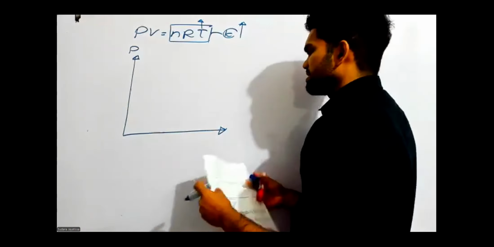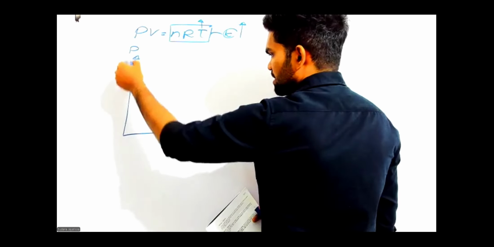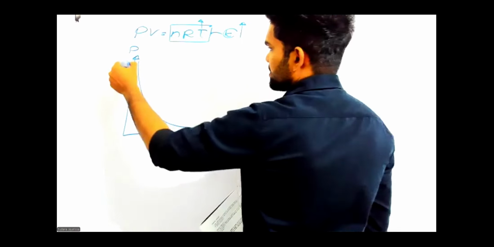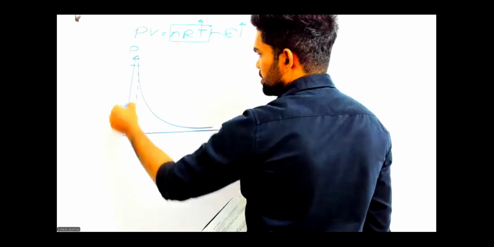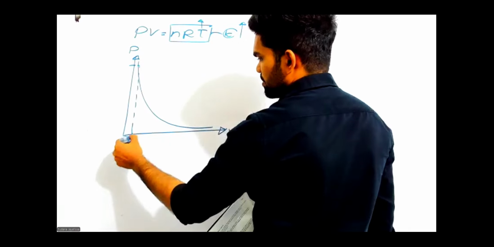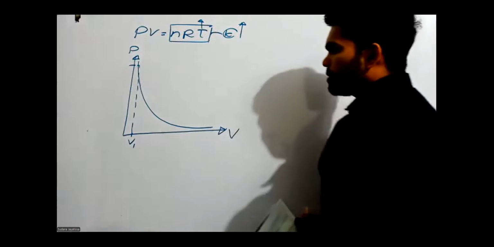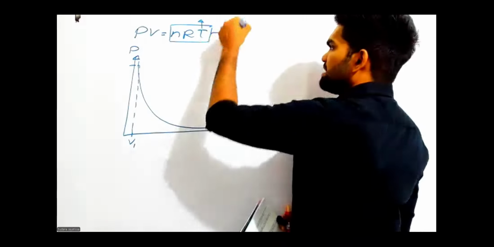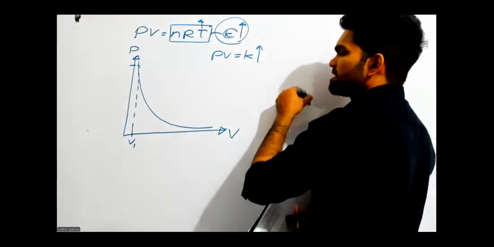There's a curve like this. Now look at this one. If the pressure is higher, your volume is lower. Let's say this volume is V1. Now I am increasing the temperature. Therefore, this K value gets increased. PV equals K, this K gets increased.